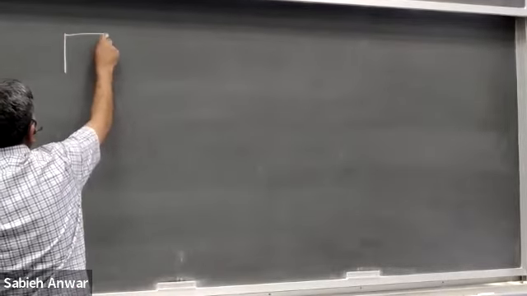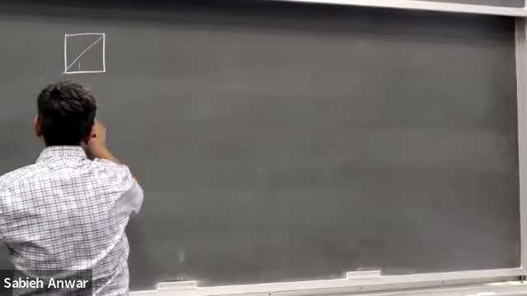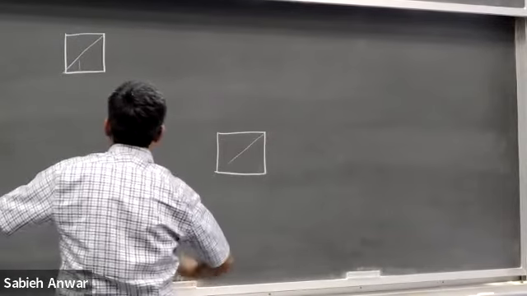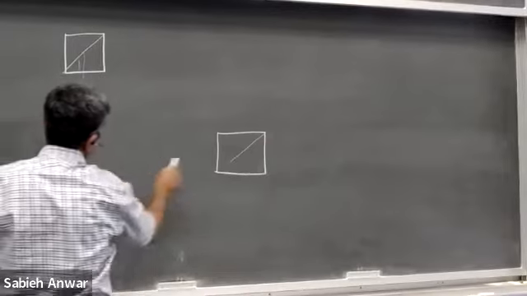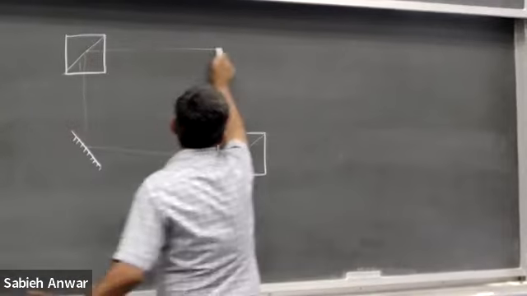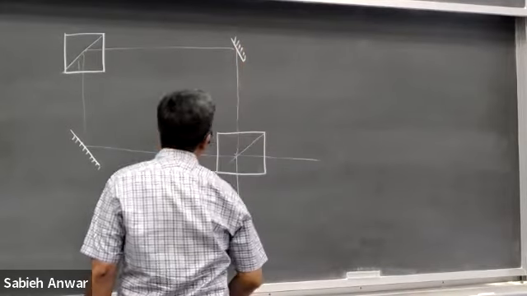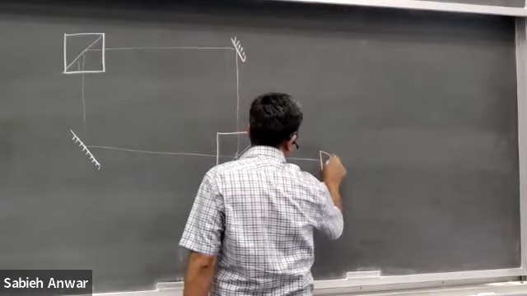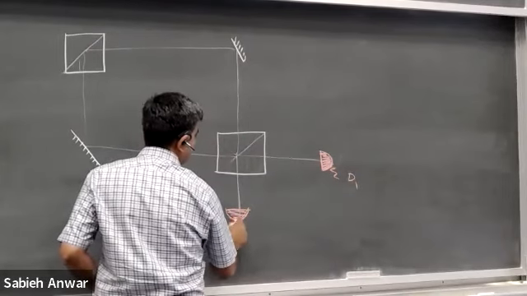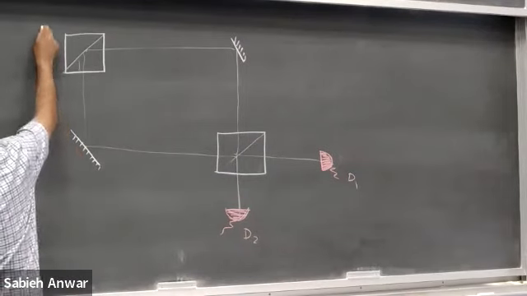Now, suppose I have the same system. This is my first beam splitter, B1, a 50-50 beam splitter.